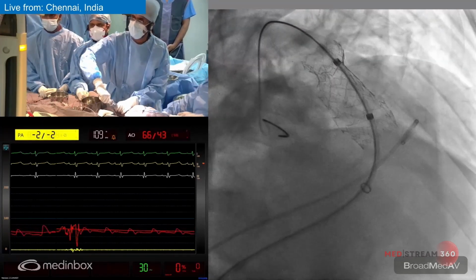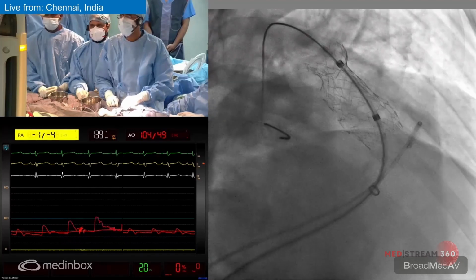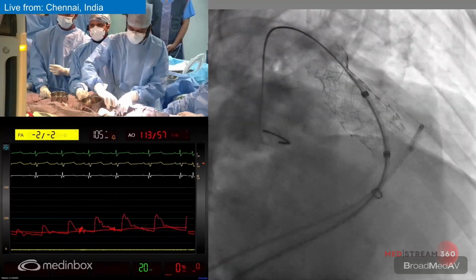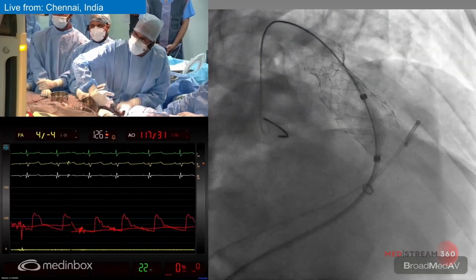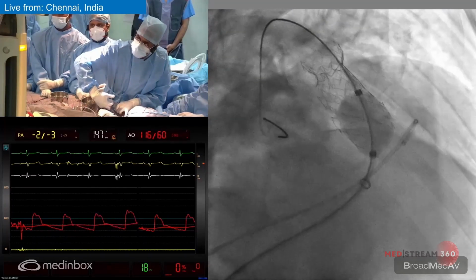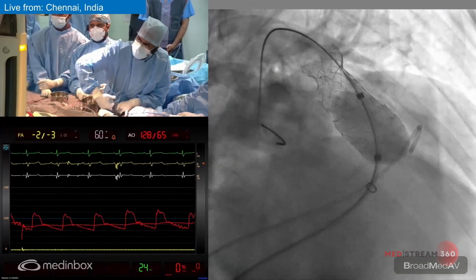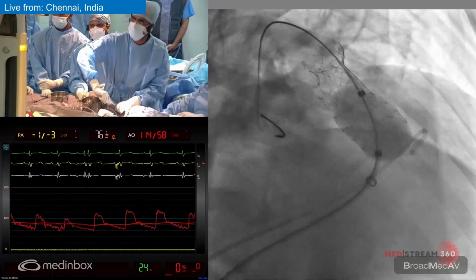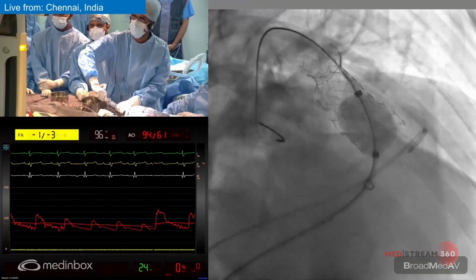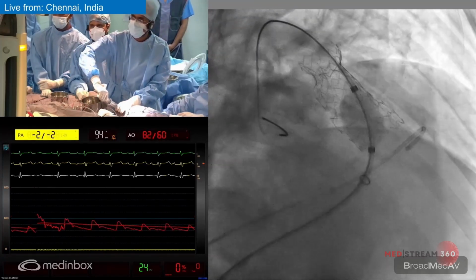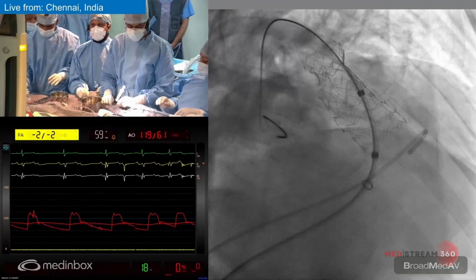I'll do that a little bit more proximally also. I'll take out this balloon and put in the marker pigtail now.